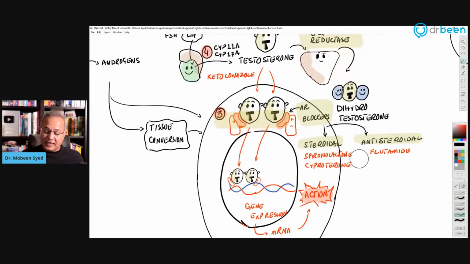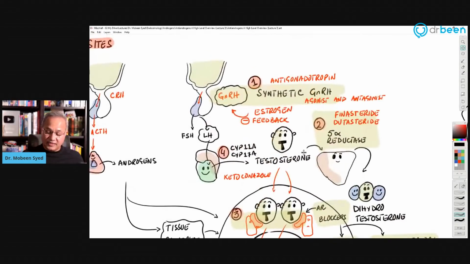Now, that is three categories. What are the three categories? Either block the ordering hormones from ordering the production of testosterone, or block the production or synthesis of testosterone, or block the conversion of testosterone to a more potent form.